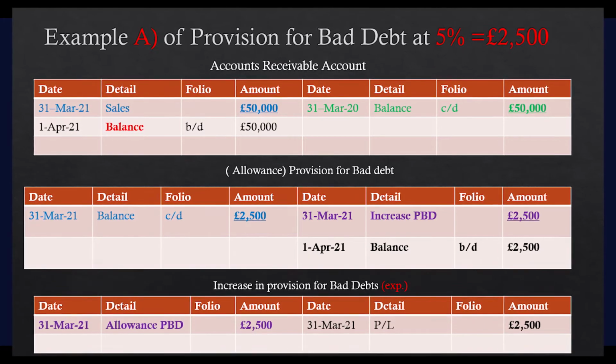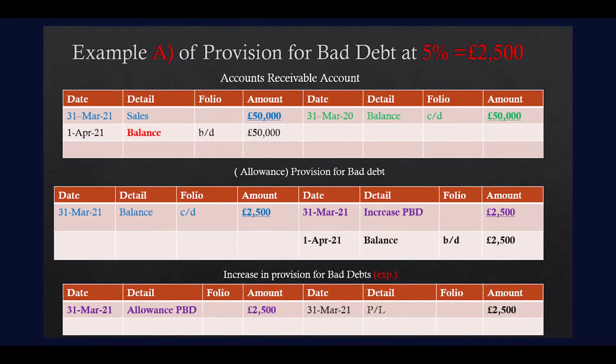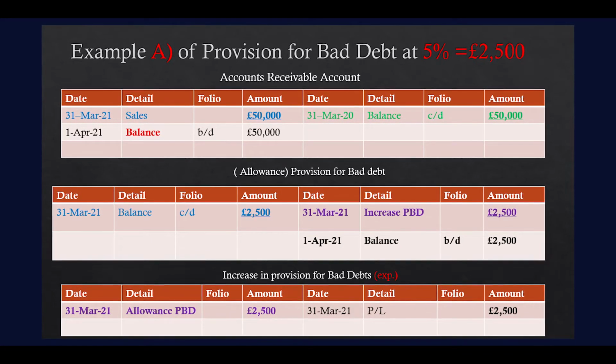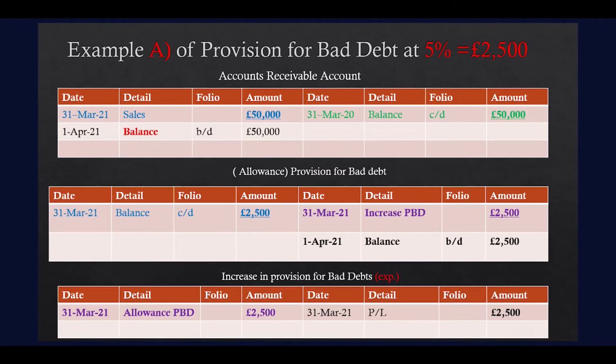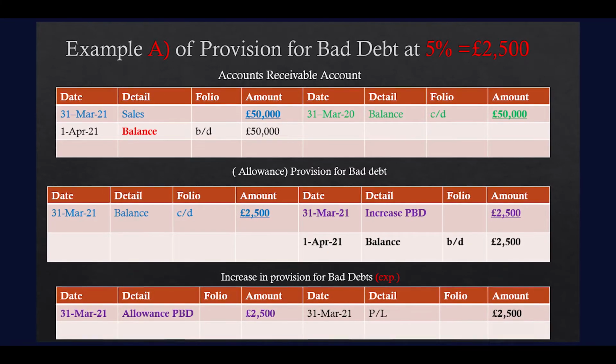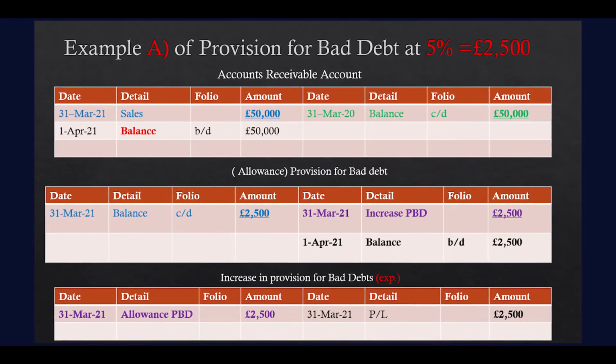So we now realize that we have to prepare for the possibility that 2,500 of the 50,000 we will not receive. We know the allowance account is a credit account, so we go on the credit side, and then we go on the debit side of the increase, because it's the very beginning.